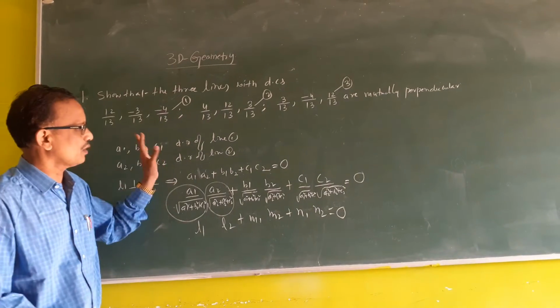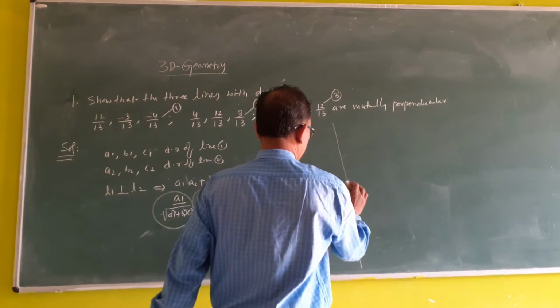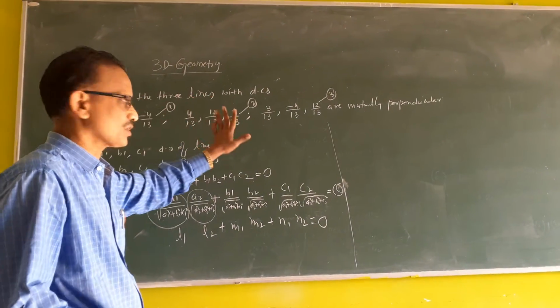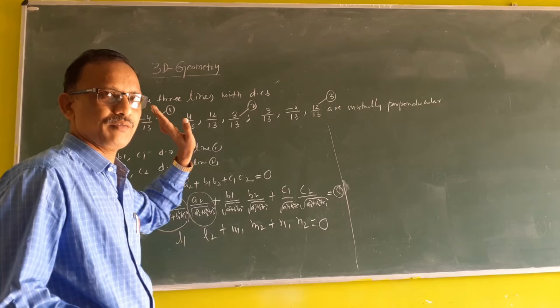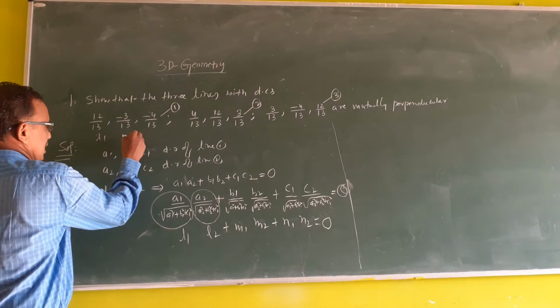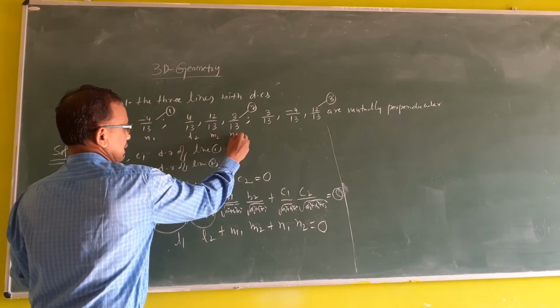So right now, see, first line, second line direction ratios are given. Now l1 this, m1 this, n1, l2, m2, n2.